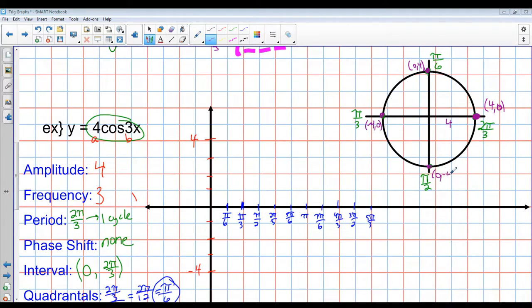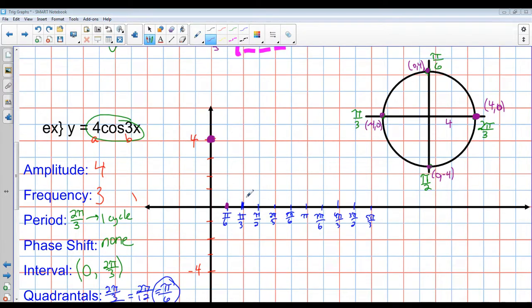So we're going to use this to our advantage. The cosine is the x coordinate. So at 0, the cosine value, the x value, is way up here at 4. Remember, a sine graph starts here because the y value is 0 at the origin. A cosine graph starts here. At pi over 6, we're back down to 0.